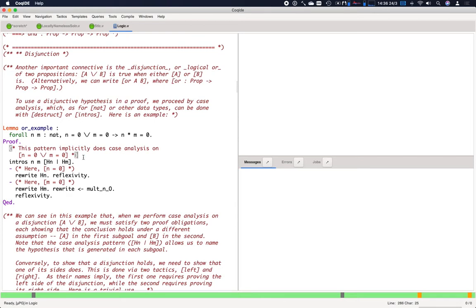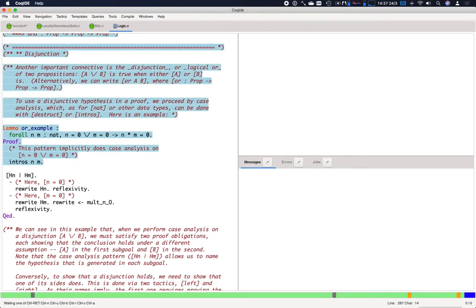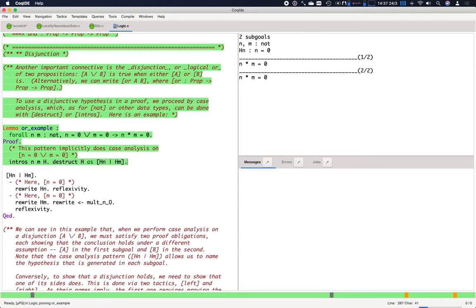Okay. The slight complication here is, let me just show you what this looks like simplified. All right, so if I introduce H, then I can destruct H like that. And the reason there's a vertical bar in there is because the two constructors here, for going on the left and on the right, are different things.